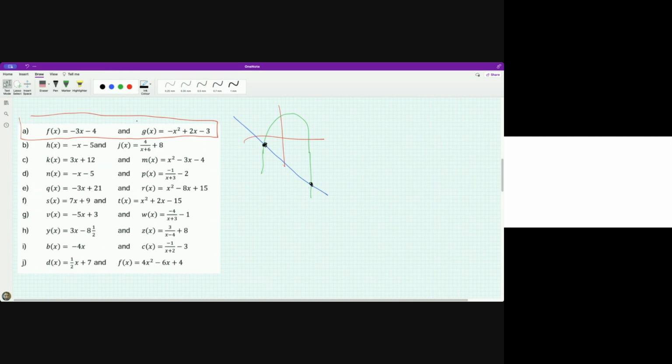What should I do first to find the intersection of F and G? Who can give us a tip? Sunday, you are on the money. Equate the 2 equations.